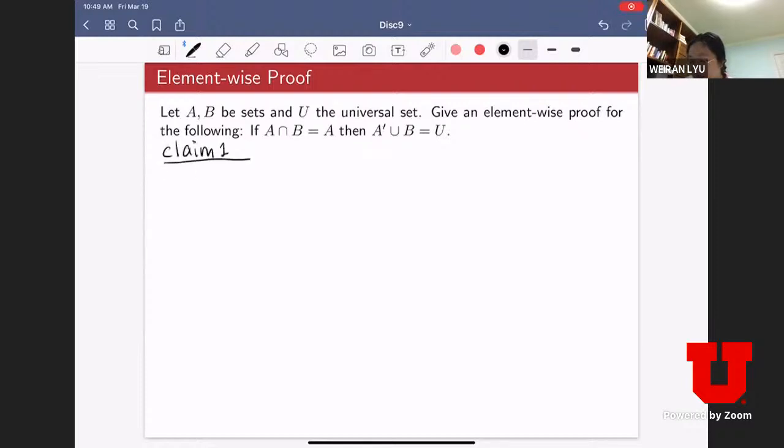The first claim is that the complement of A union B is a subset of the universal set. And the other claim is the other way around, that the universal set is a subset of the complement of A union B.